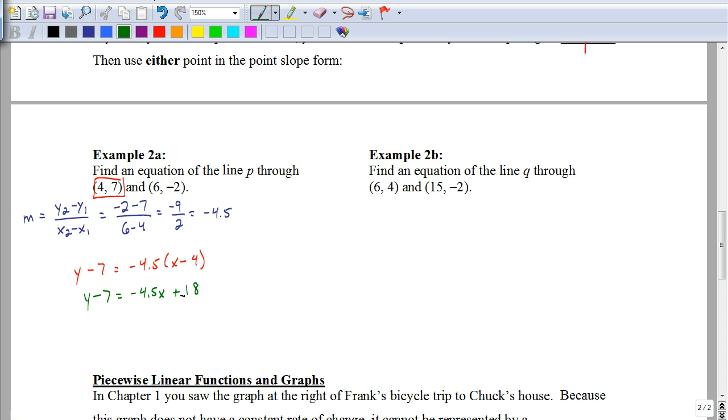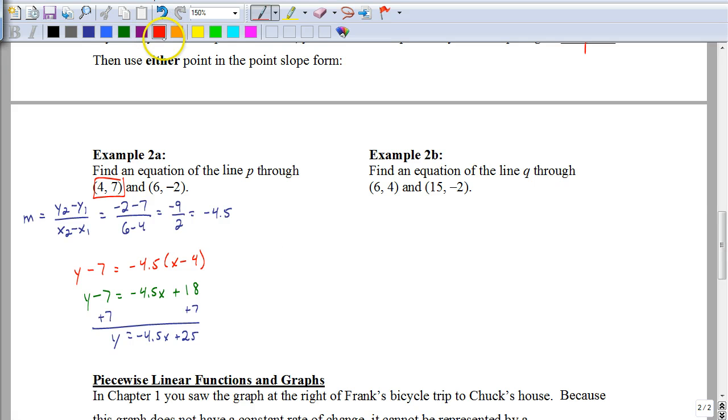So it'll be negative 4.5x plus 18 when you distribute the negative 4.5 through. And now we're going to add 7 to both sides. You get negative 4.5x plus 25.